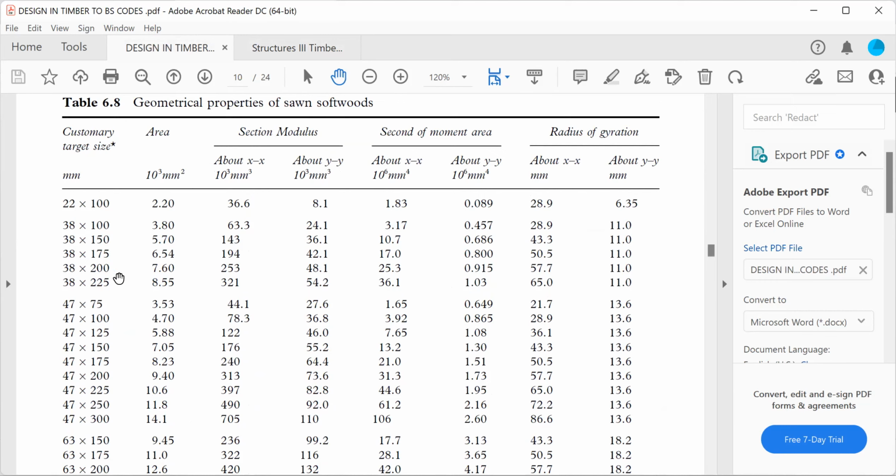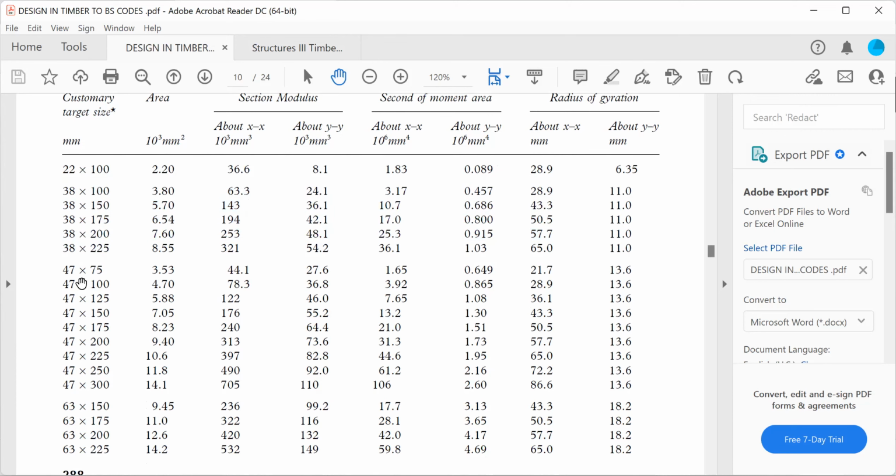Here we have 100, 100, 150, 175, and 200 and 225. So we cannot use this first set. Why? Because we don't have a depth of 250 millimeter. The minimum depth is 100, the maximum depth is 225. So we cannot use any section here.